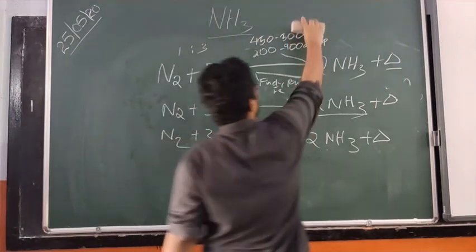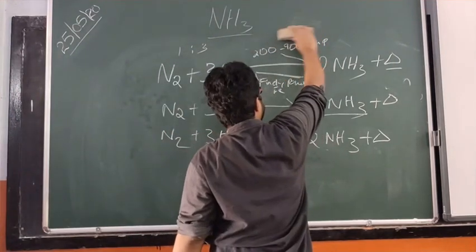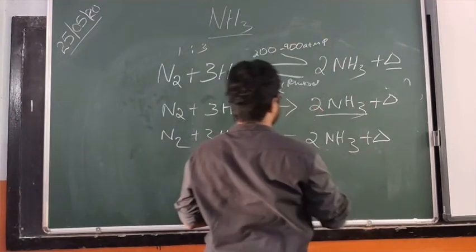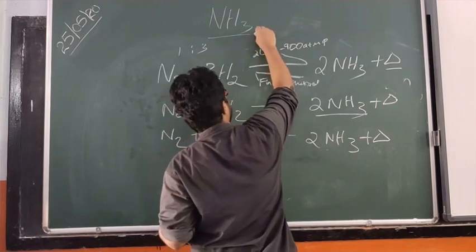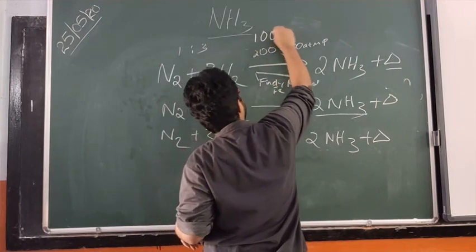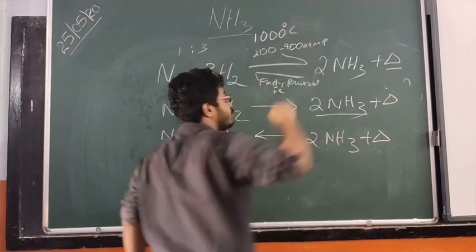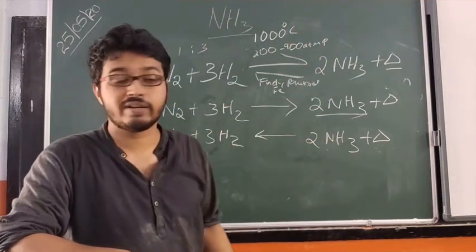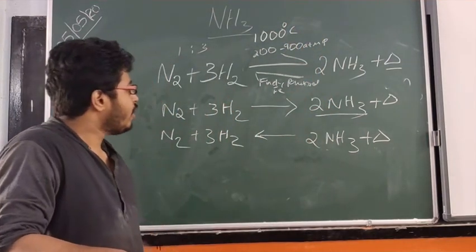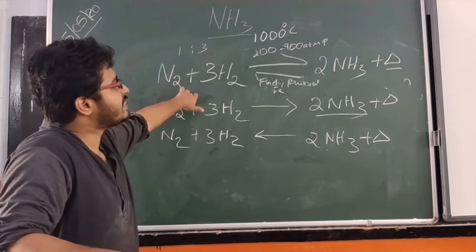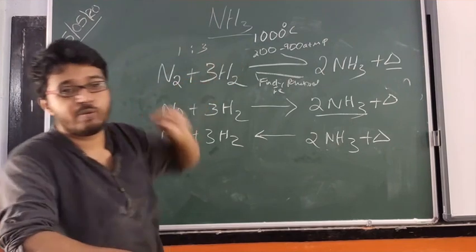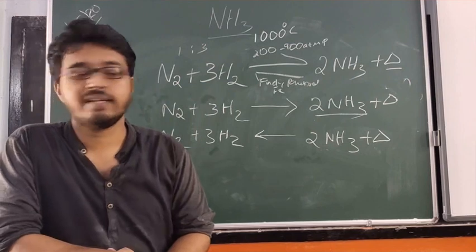Okay, suppose I increase the temperature to somewhat like 1000 degrees Celsius. So I made it almost double. Okay, more than double I guess. So I have increased the temperature in this reaction. What is going to happen?